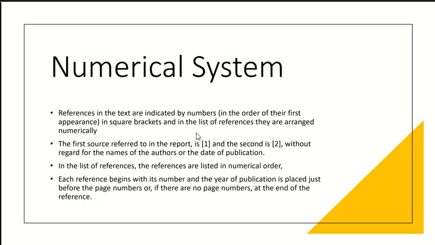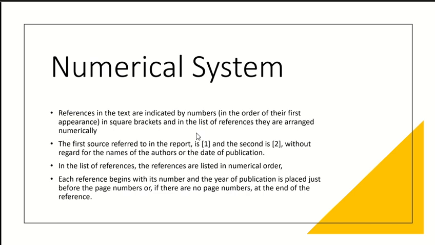If you are putting the references in the list, I've already shown you some examples and we talked about it as well. If you are using the numerical system, then each reference begins with a number, the number which you have used in the report, reference number 1, 2, 3, 4, and the year of publication comes at the end. When the paper was published, it comes at the end.